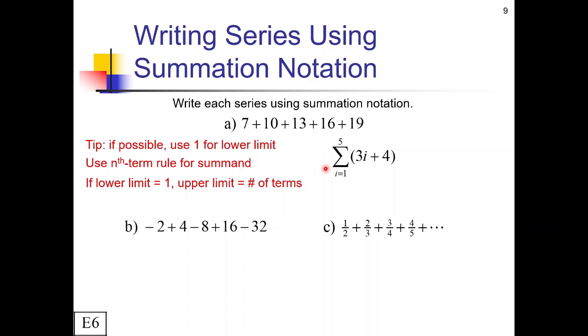Now, if you did not choose 1 for your lower limit, you can still work around it, but then you'll have to shift everything to accommodate the number of terms. So if you used 0 for this one, then you would have to use 4 up here, because if you count from 0 to 4, that gives you your 5 terms. If for some reason you use 2 here, then you'd want to use 6 up here.